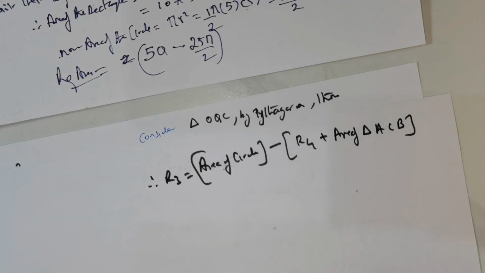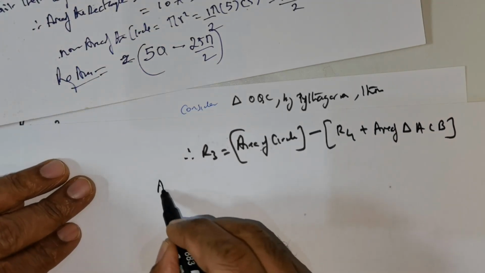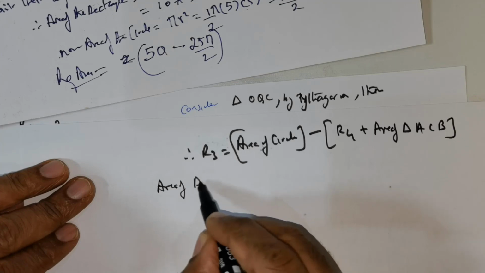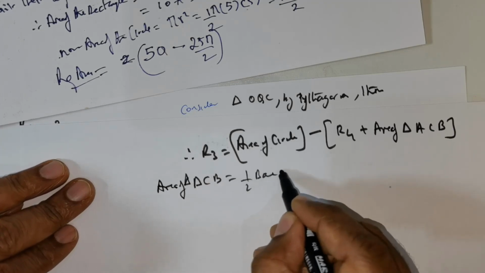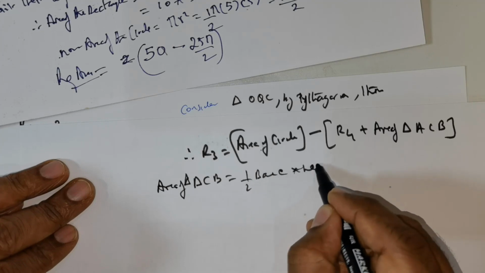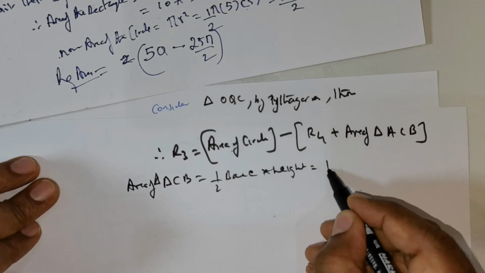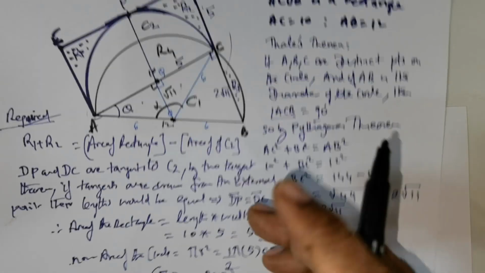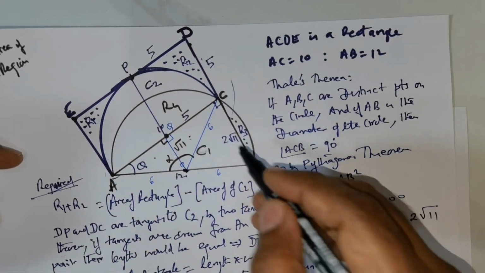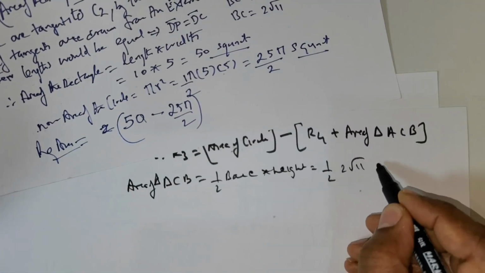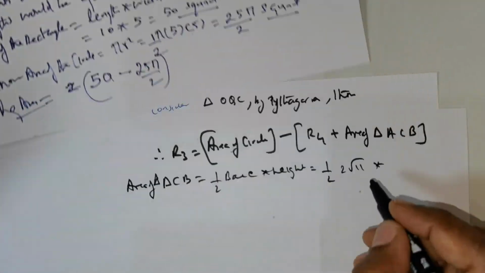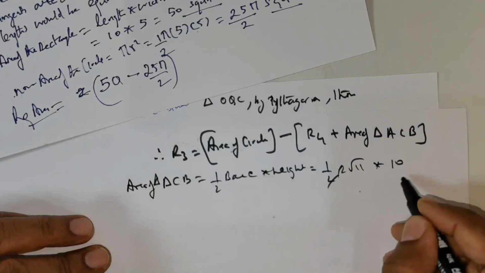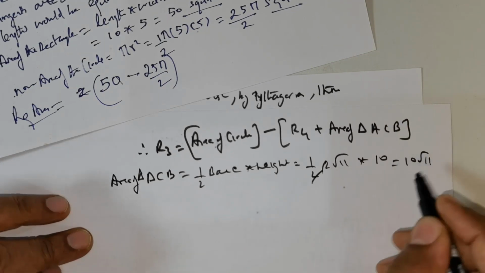So we need to get the area of triangle ACB, which is half times base times height. What is my base? My base is 2 times root 11, times my height, which is 10 units. This entire height, 10 units. 2 gets cancelled, so this is 10 into root 11.